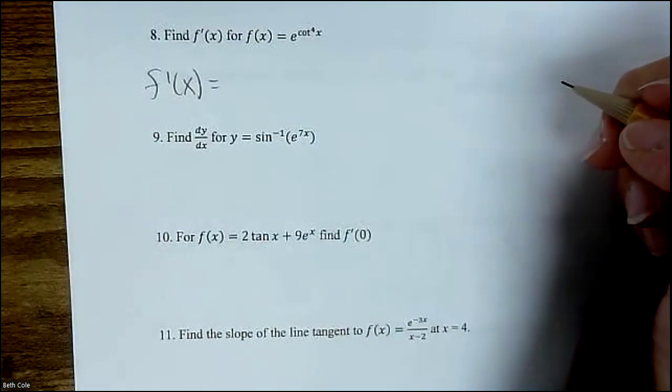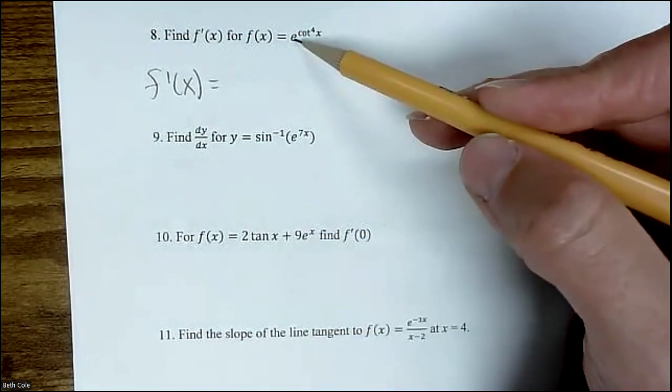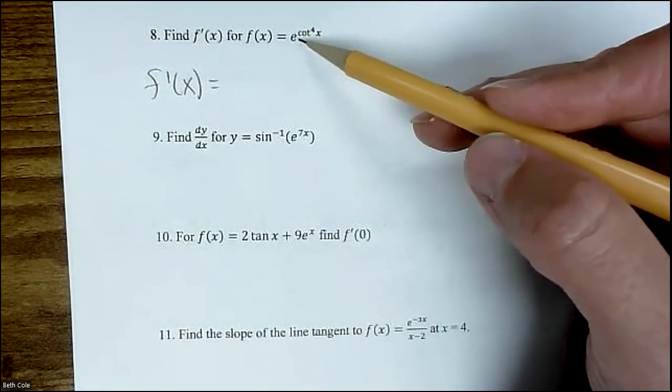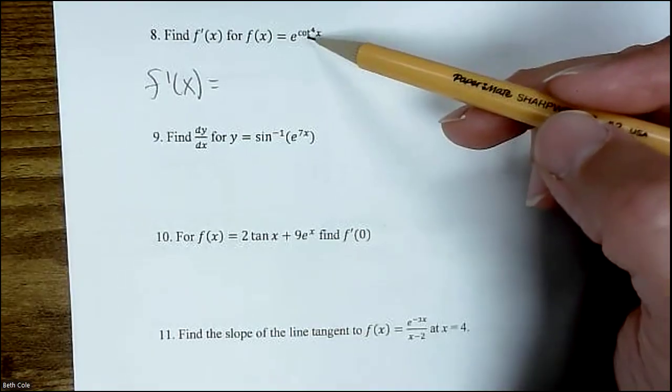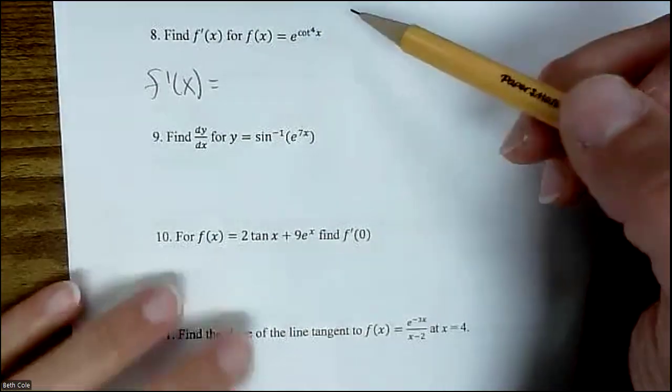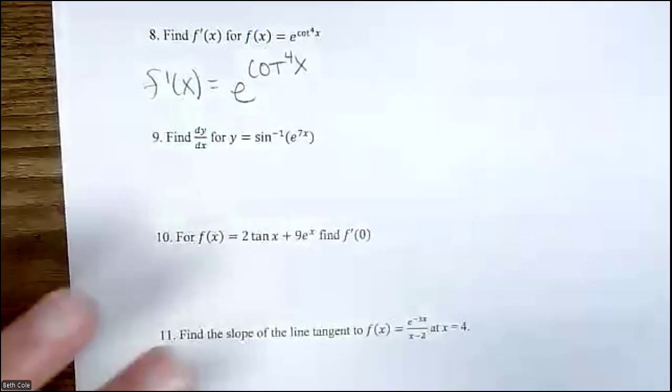All right, what rule is this guy? Chain rule. How many links in the chain? There's actually 3. What's the first one? E is the first one, then the fourth power, and then cotangent. So there's 3 links in the chain. So e is itself. So basically it just looks like you rewrote the problem.